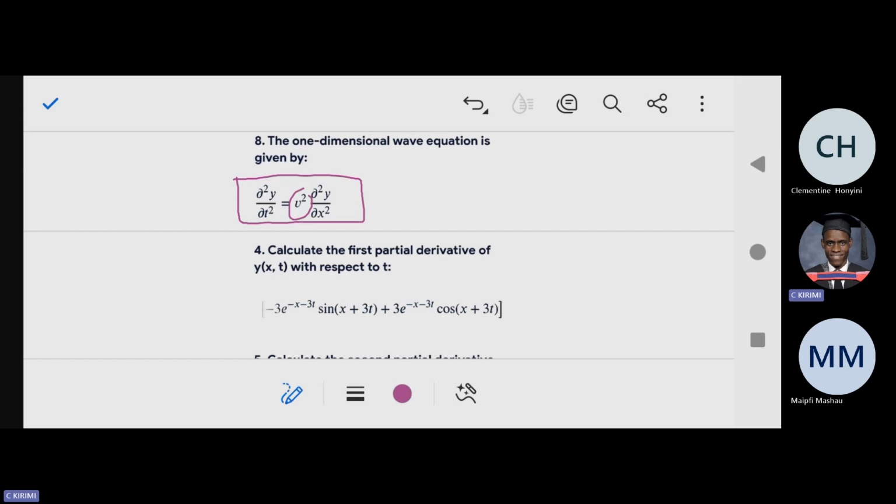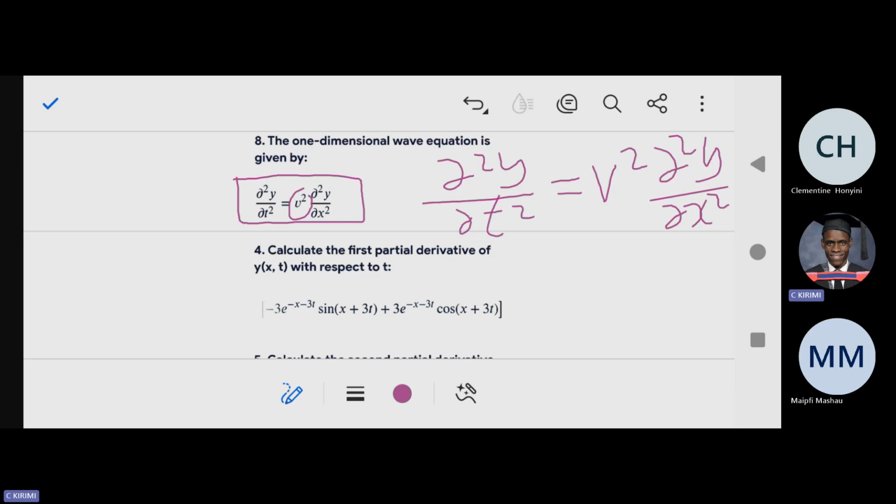In other words, we want the partial squared, which means the second derivative of y with respect to time, to be equal to a constant. That constant is v squared, the speed of that wave. And it must also equal the second derivative of the same function y with respect to what? Now it's with respect to x, not to time. So this question is more of maths.